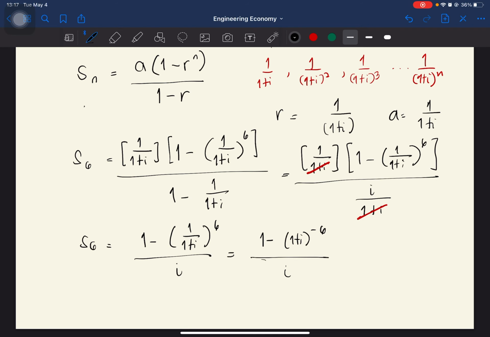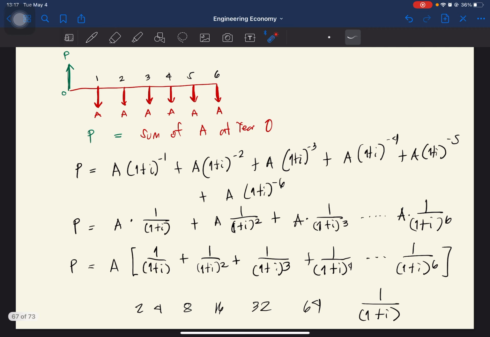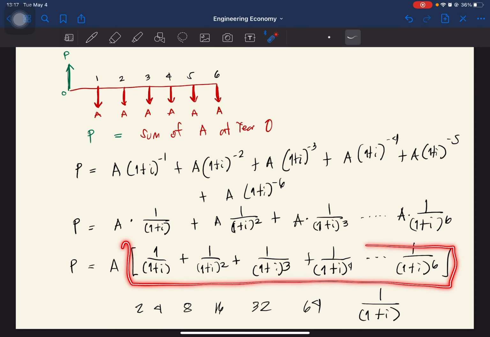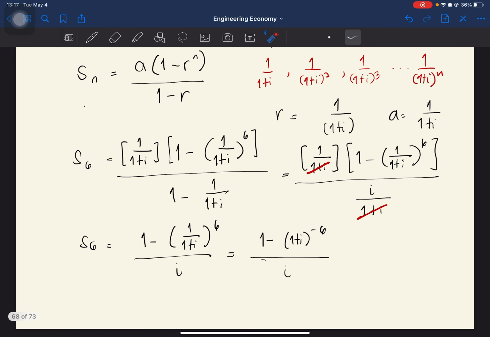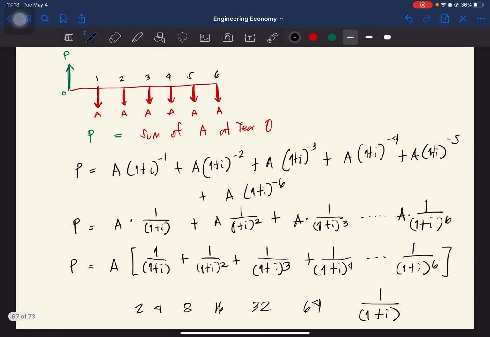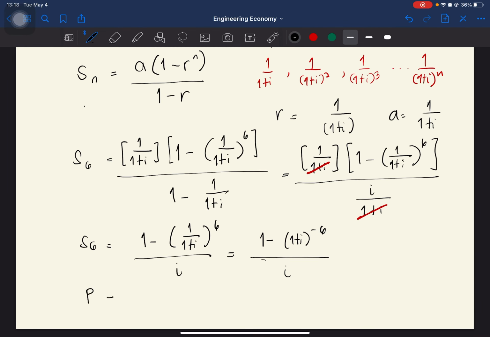Now, we have simplified itong kanina, di ba, A times the series of this, or the sum of this series. Tama ba? Ngayon, we have simplified this. Ito na siya ngayon. Okay? So, ang formula natin for that, ito, present worth equals the value of uniform series of payments A, times 1 minus 1 plus i raised to negative 6 over i.